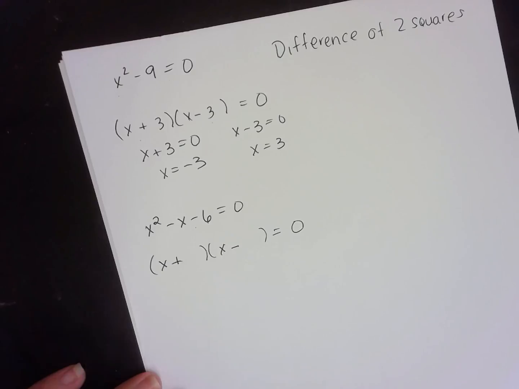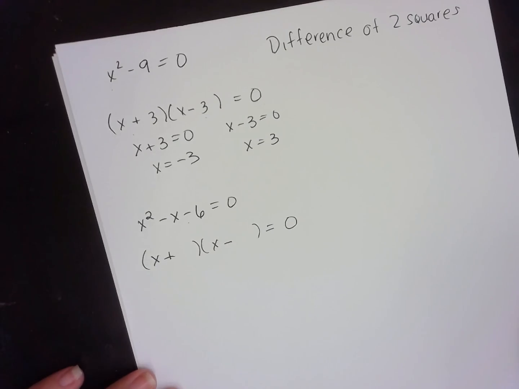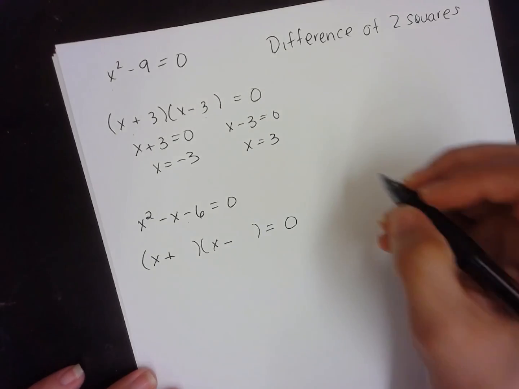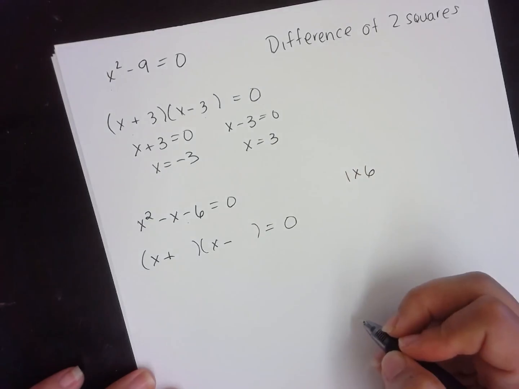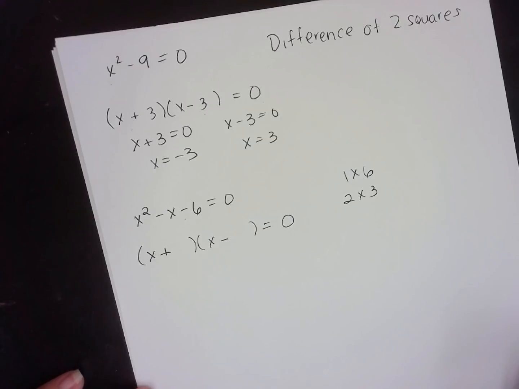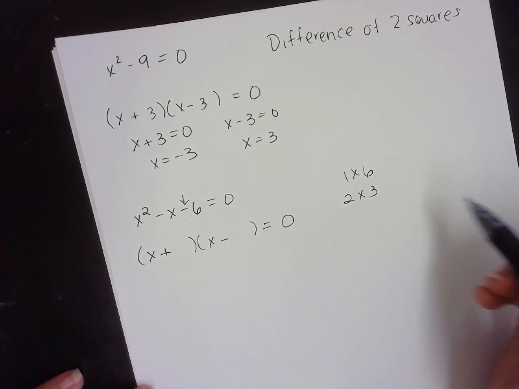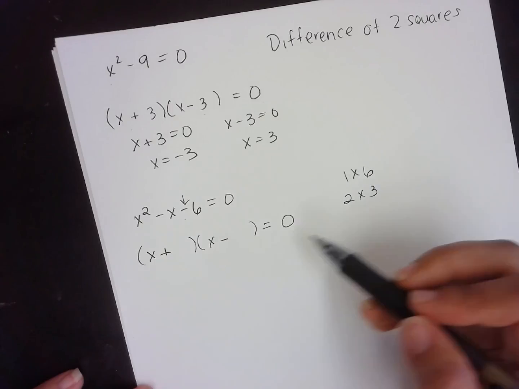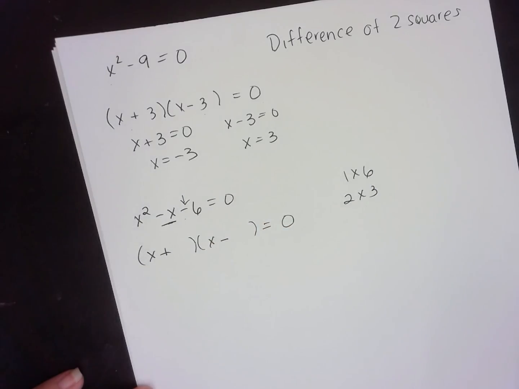Okay, so now I want factors, two things that multiply together that give me 6. So I have 1 times 6 and I have 2 times 3. All right, so I am looking for, since this sign is negative, again, I want basically one of these minus the other to give me this middle term, which is really negative 1 is implied.